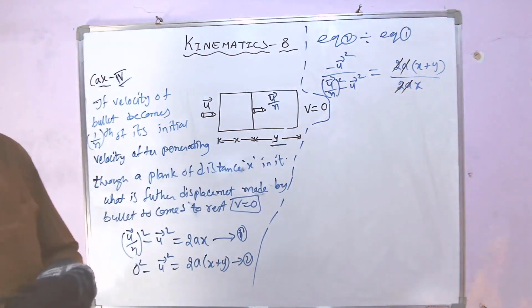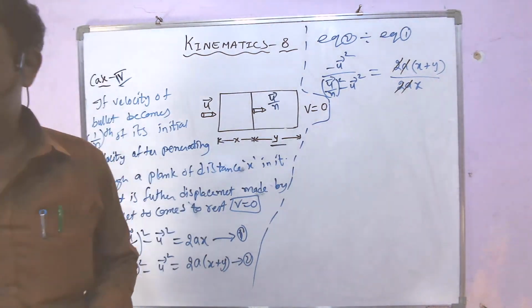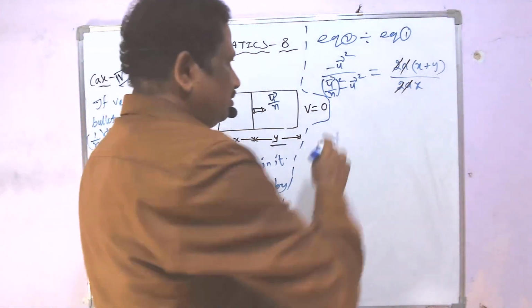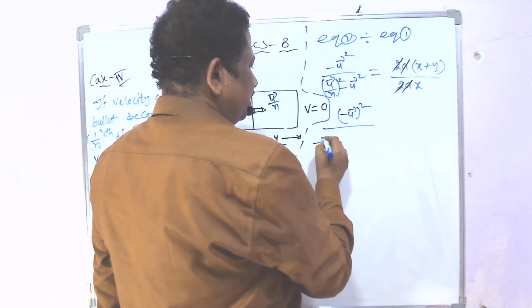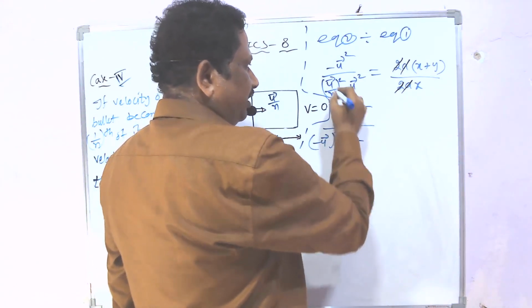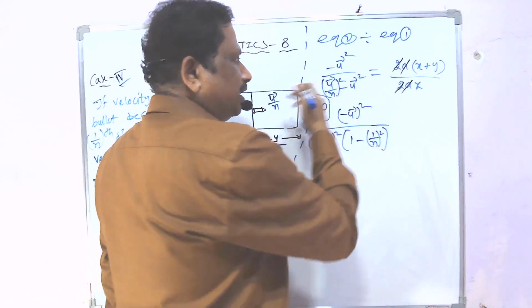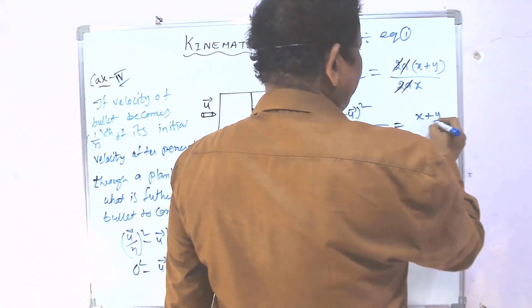On the left hand side, take common minus u bar square. In the denominator, taking out minus u bar square, what is left behind is 1 by n whole square minus 1. On the right, what is left behind is x plus y by x.